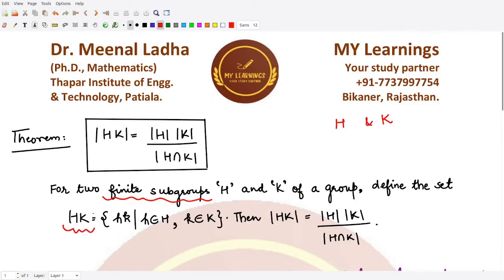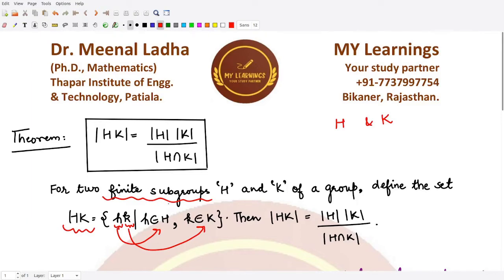It may or may not be a subgroup. It is defined by taking a small h from the first subgroup and a small k from the second subgroup, and then multiplying both of them by the group operation defined for H and K.